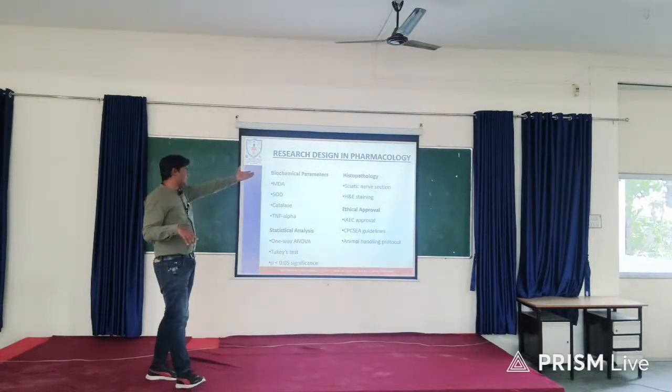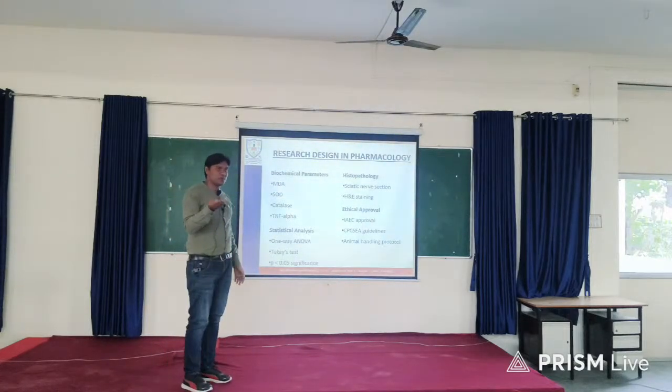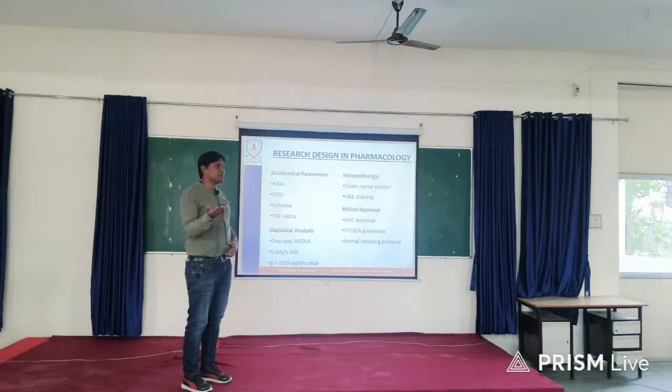Next, histopathology: nerve sections you can take, before the administration and after the administration. Before the administration there is nerve damage, after the administration the nerve damage has been recovered. Such histopathological studies also serve as solid evidence to prove your thesis statement, right?